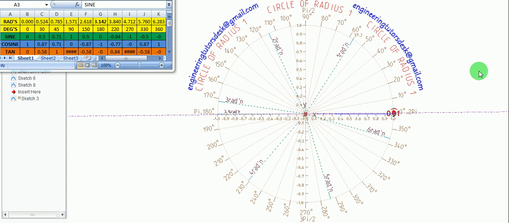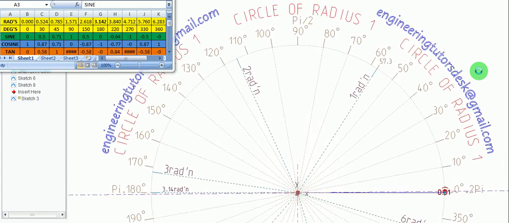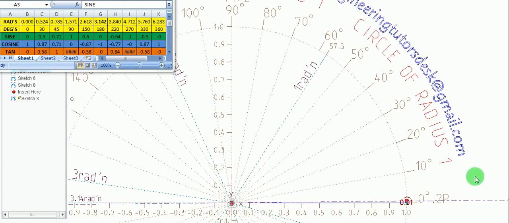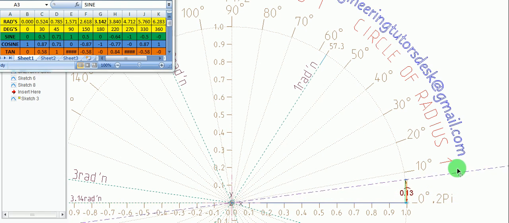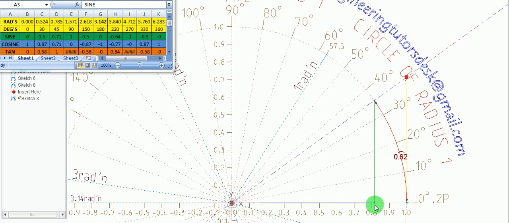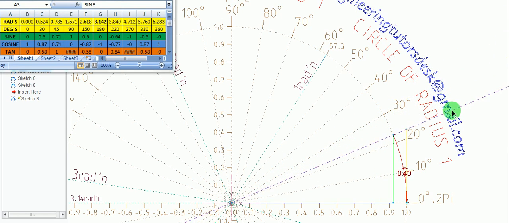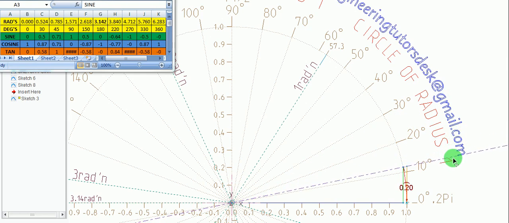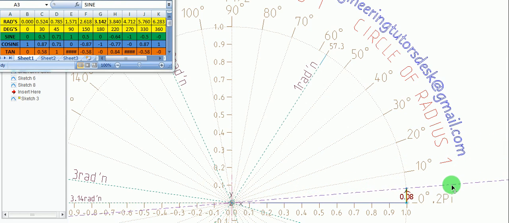Now let us understand the behavior of cosine. As we have already discussed, the name of this line is cosine. Let us come to 0 degrees. When we are nearing 0 degrees, the length of the cosine is equal to 1.